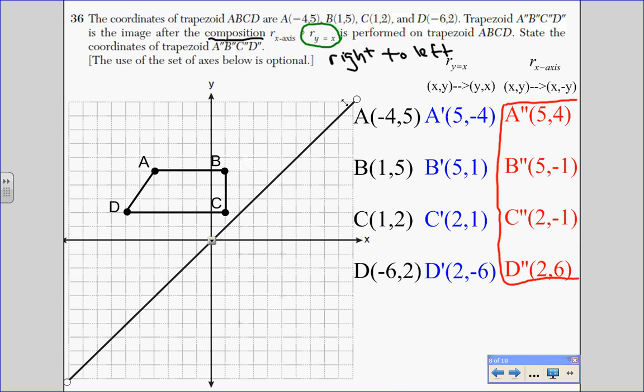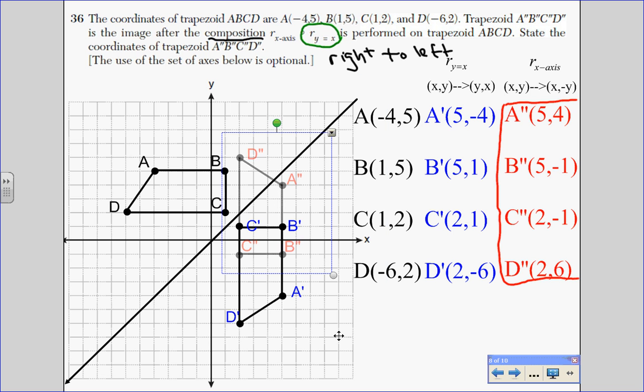That's this line. After you reflect the original figure across the line y = x, you are going to get this figure. And then you're going to reflect this figure across the x-axis, and you are going to get this figure.